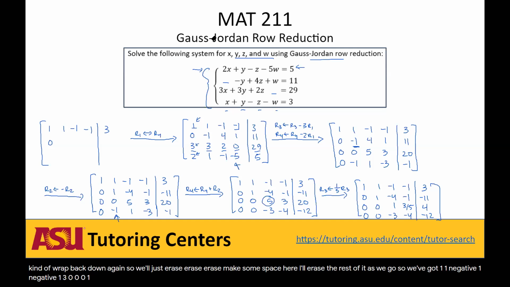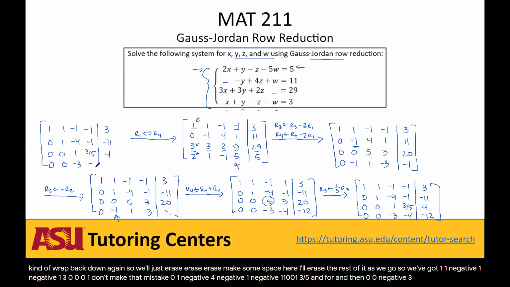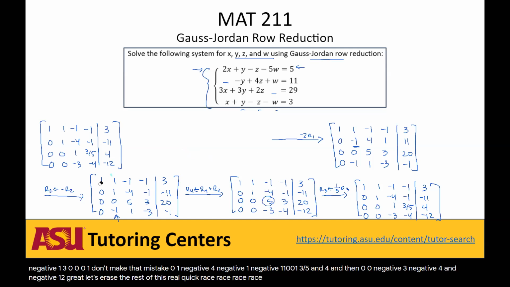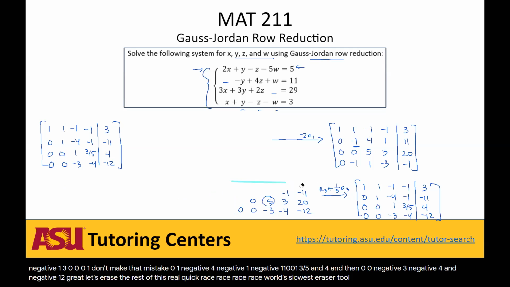Don't want to make that mistake. 0, 1, negative 4, negative 1, negative 11, 0, 0, 1, 3/5, and 4, and then 0, 0, negative 3, negative 4, and negative 12. Great. Let's erase the rest of this real quick. Erase, erase, erase, erase. World's slowest eraser tool.